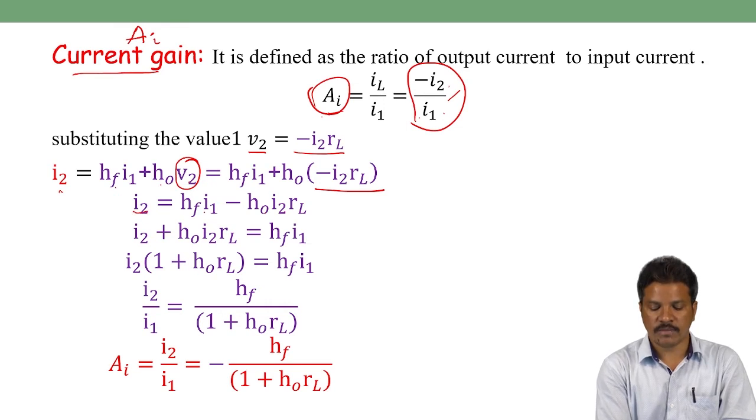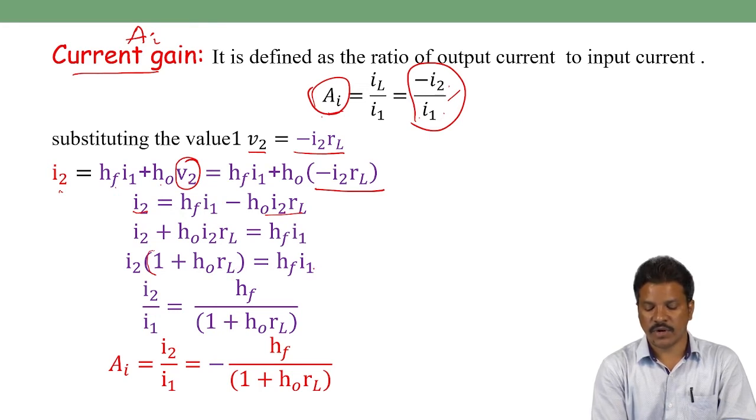So here, I2 terms take one side and I1 terms take the other side: I2 plus H0 I2 RL is equal to HF into I1. Separating the I2 term, I2 into (1 plus H0 RL) is equal to HF I1.